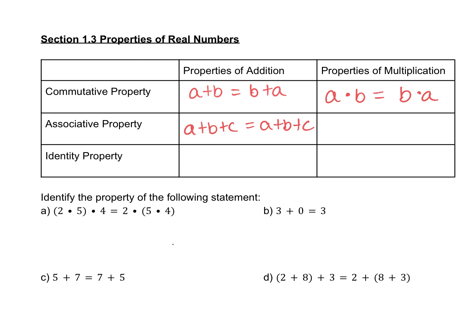So this property: A plus B plus C equals A plus B plus C. If you put parentheses around B plus C, you would do the B plus C part first. That is the same as if you move the parentheses over here, around the A and B. Because again, the order doesn't matter. As long as everything is addition, it will give you the same answer either way.